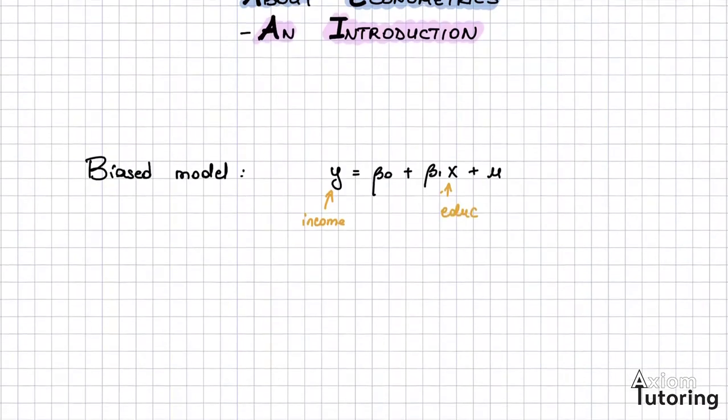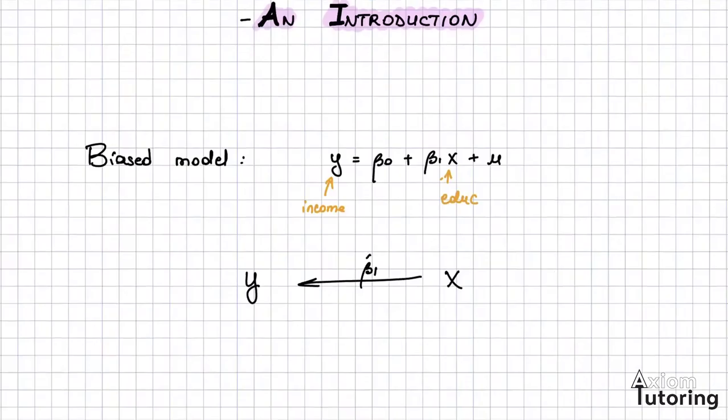So at this stage, we have a Y variable and an X variable, and we know the existence of this arrow in here. By looking solely at the biased model, we believe that this is beta 1. We can put a hat in case this is our estimation. We believe that this could be the true one.